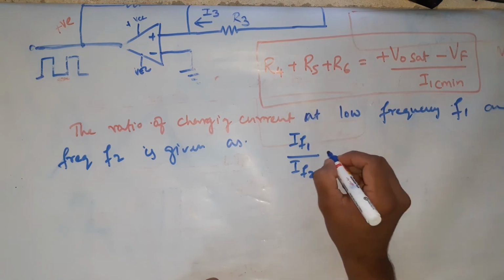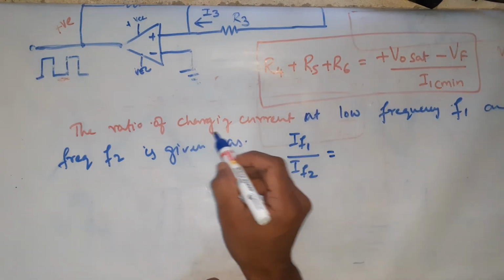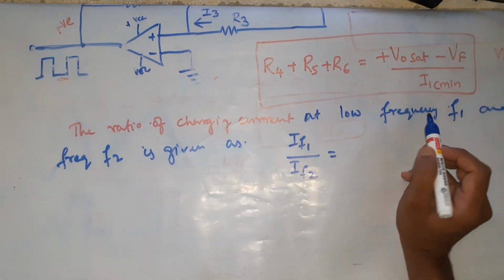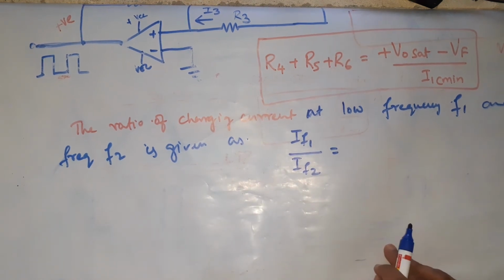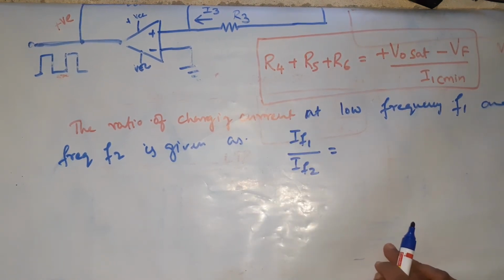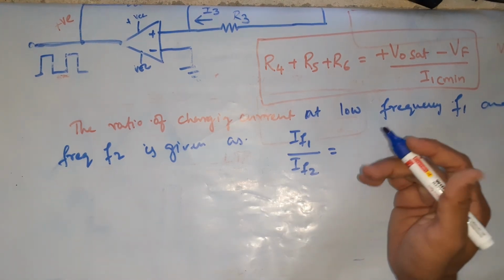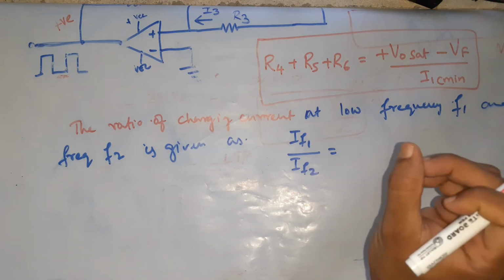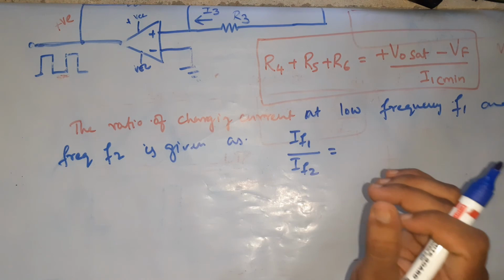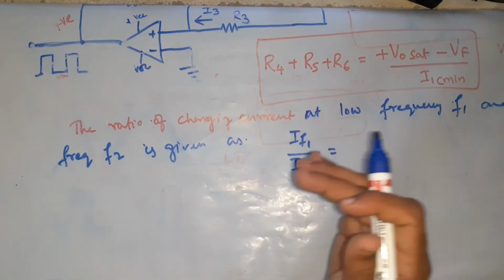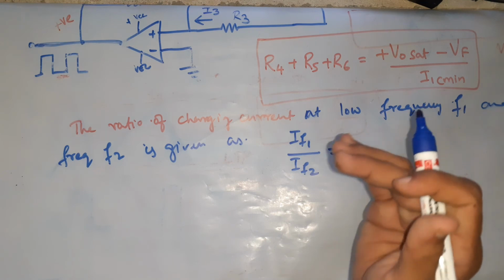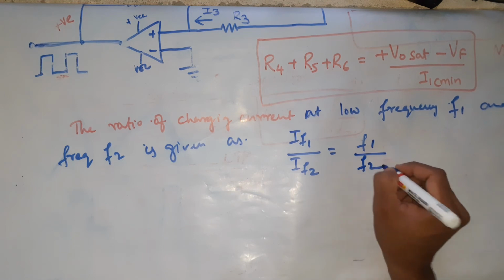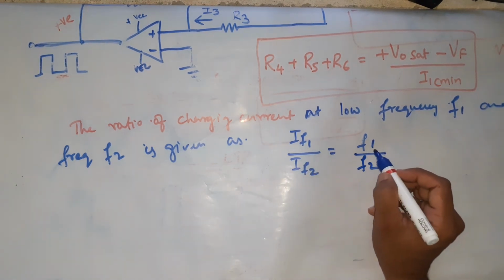I am telling low frequency F1 because whenever the current is less, the frequency is less. Just concentrate on my sentence. Whenever the current is less, the time period is more. When the time period is more, the frequency is less. So when the current is minimum, the frequency is minimum. F1 by F2.